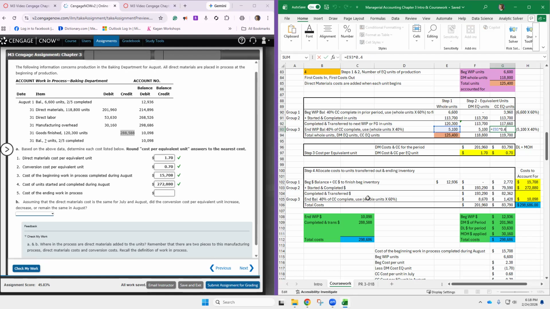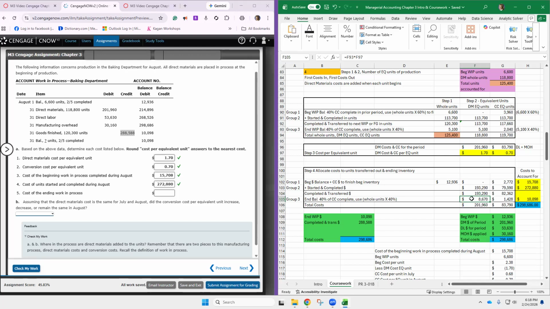If it's ending on 40%, that is the percent you use. The only one that gets a little bit challenging is the beginning balance. Now that we're at the ending balance, because we're in group 3 now, we're wanting to put in the cost of the ending work in process.